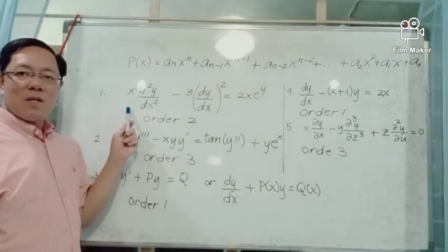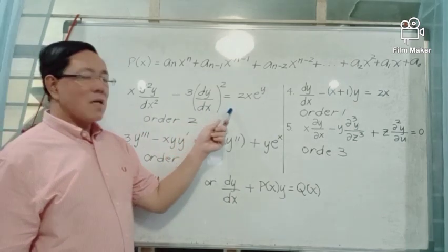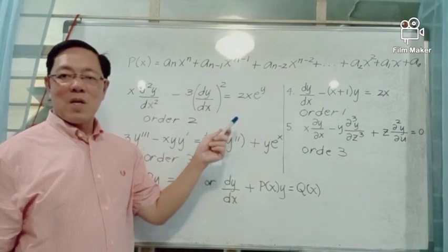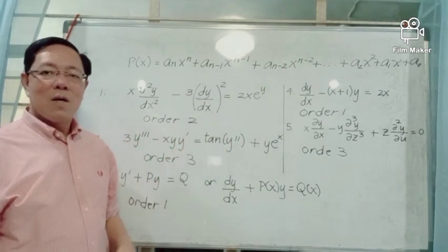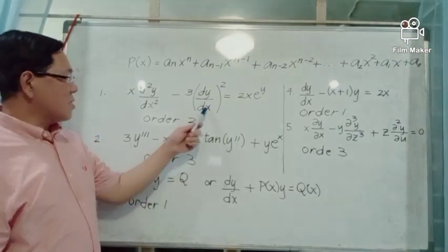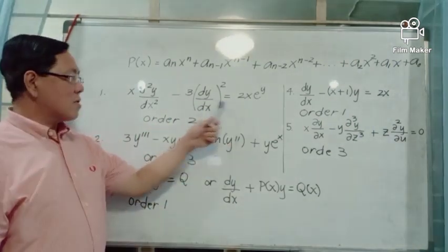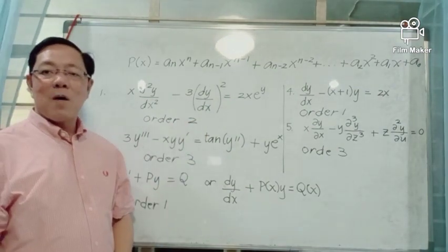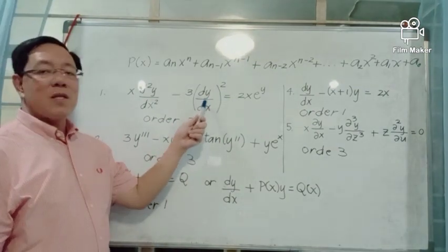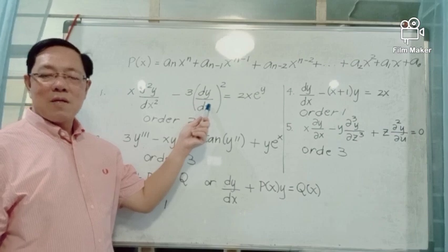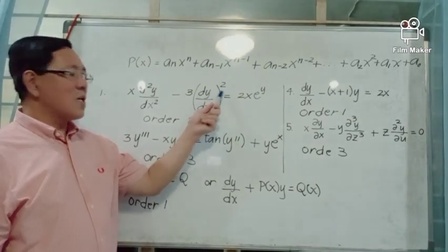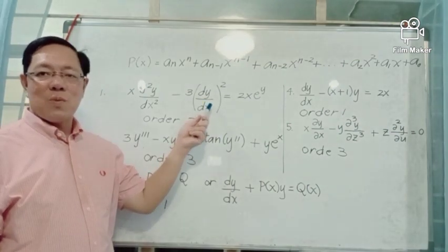Now this differential equation can be written as a polynomial equation in the derivatives of y, which means that we can arrange the terms according to the highest exponent of the derivative of the function y.